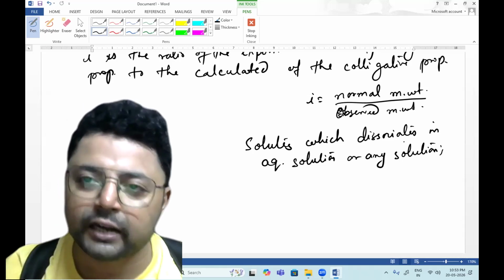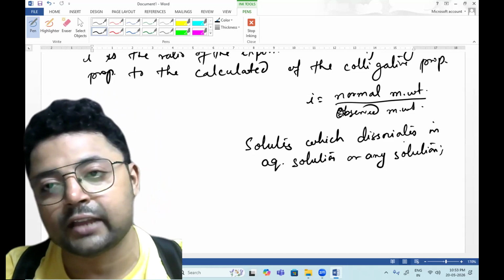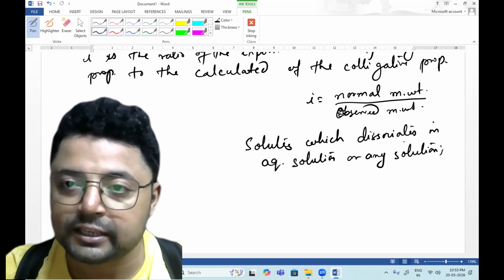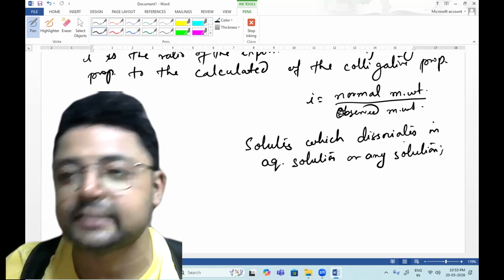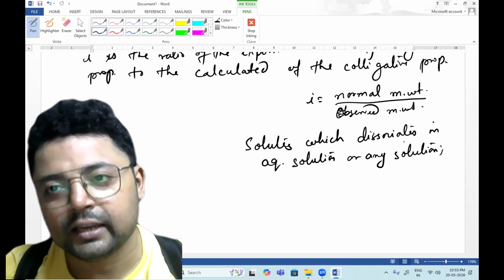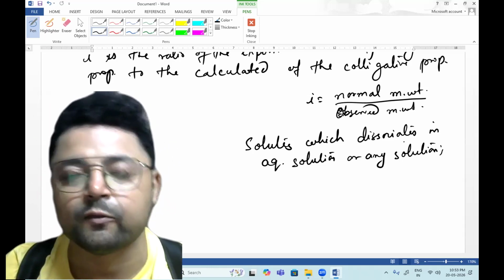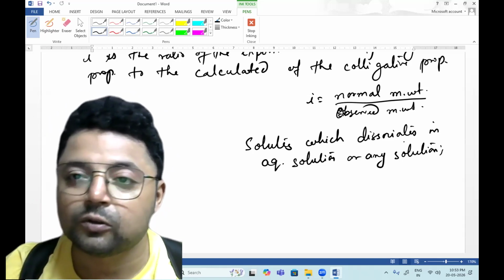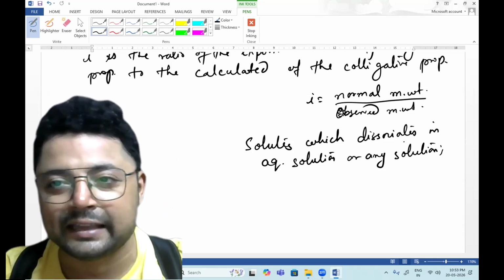Okay, like we have read in the Finkelstein reaction, where we have seen that NaI is used, I minus is replacing the Cl minus. Okay, NaI in acetone has been used to make RI from RCl. So what happens here in acetone? NaI does not break like that.